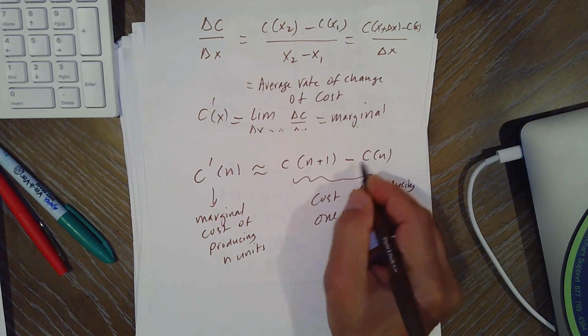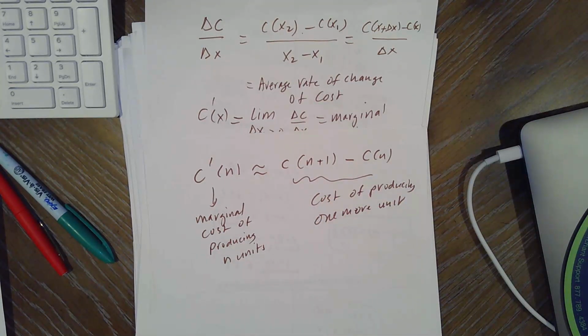Because you are at n, then you produce n plus 1. So when they ask what's roughly the marginal cost of producing n units, you find the difference between the cost of producing n plus 1 and n, which is the cost of producing an additional unit basically. And that's a rough estimate, okay? That is a rough estimate.